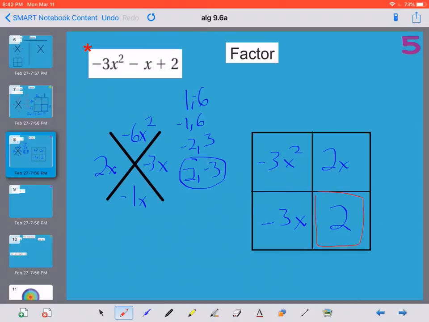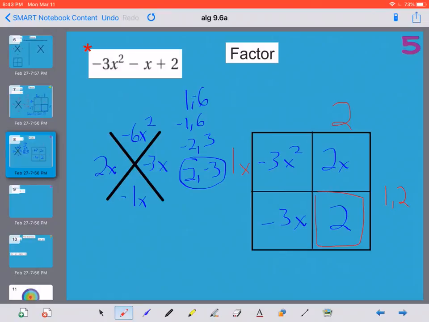I know that 2 can only be multiplied by 1 and 2. So I need to figure this out. Well, this is 2 and this is 3. So we know that this has to be 2 and this is going to be 1x.